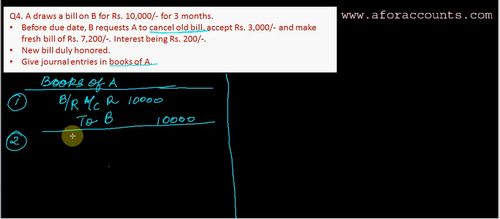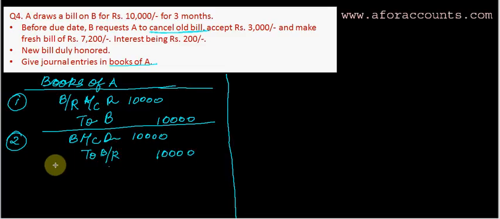So it will be B account debit 10,000 to bills receivable 10,000, and this is now cancelled. Just the reverse entry of the first entry because I am cancelling the bill.